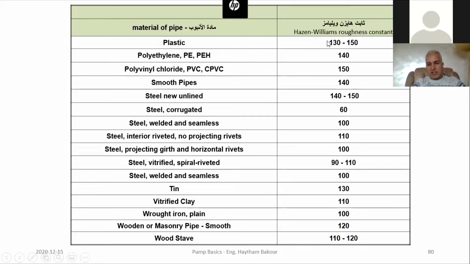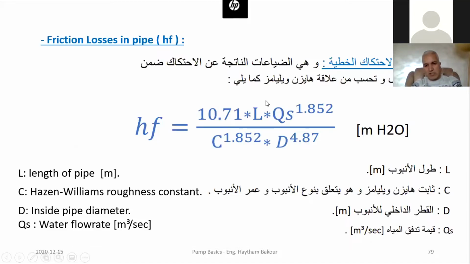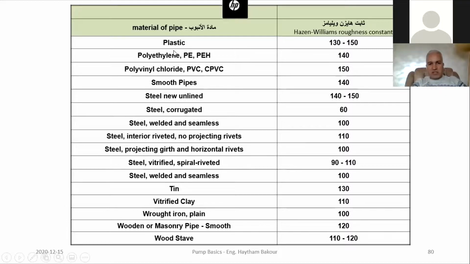Through this table, we can get the Hazen-Williams constant value. It is provided by the manufacturing company, or we have it based on the material. For plastic, it's 130 to 150.